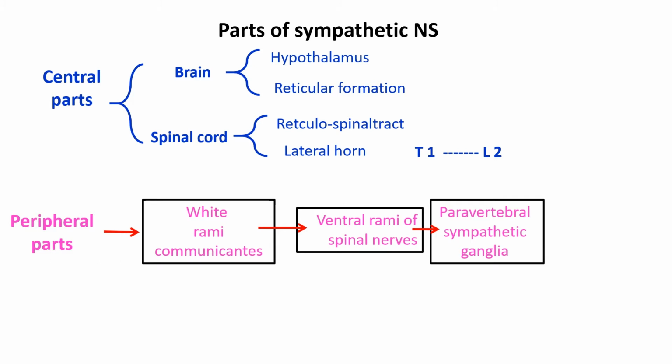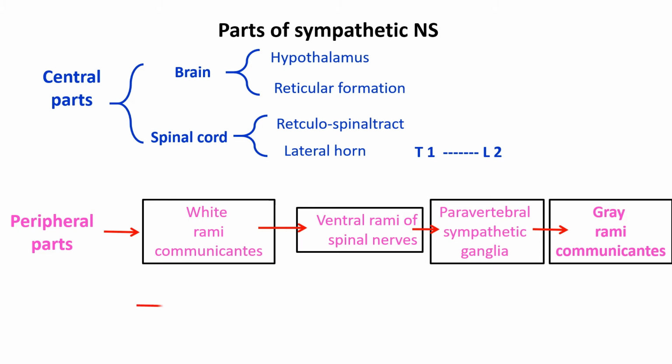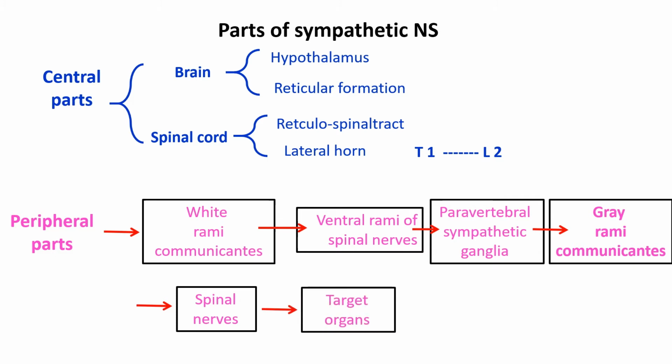Next is the paravertebral sympathetic ganglion, and then gray rami communicantes coming out of the ganglion and leaving to join the spinal nerve again and going to the target organs. This is one of the scenarios. This is the most common scenario.